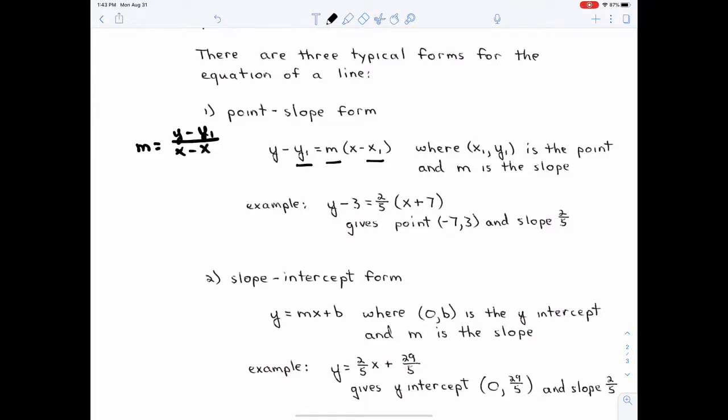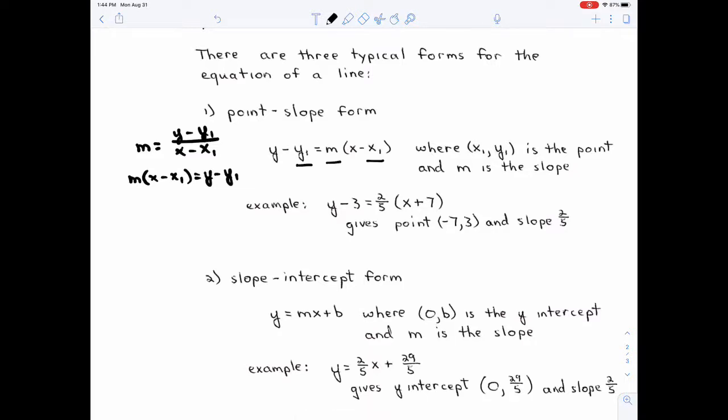I'm just not putting the sub 2 on the first one. Okay? And what do I do if I get rid of fractions? I multiply both sides by x minus x sub 1, and we get m times the quantity x minus x sub 1 equals y minus y sub 1. All this form is the slope formula without fractions.